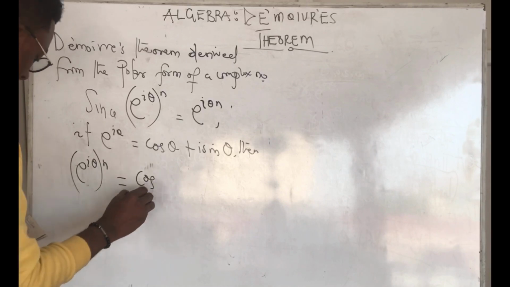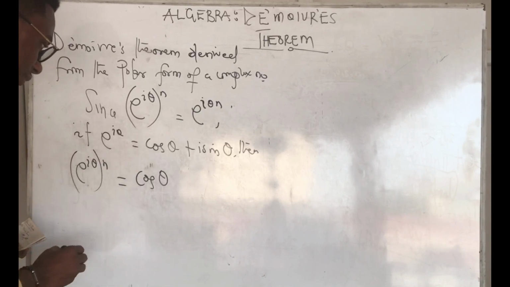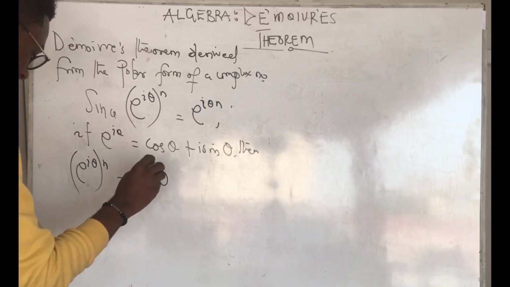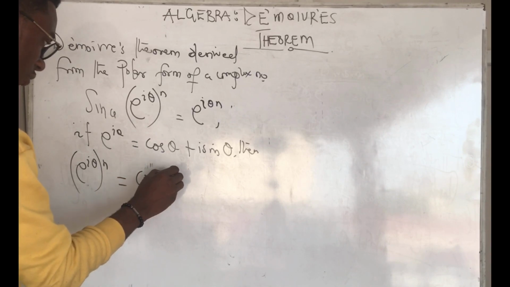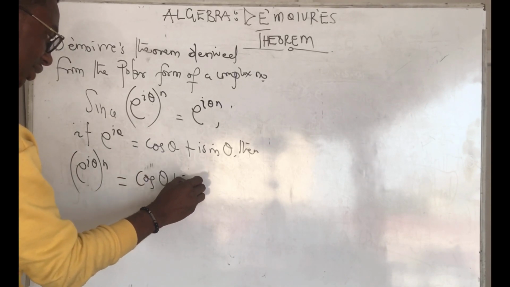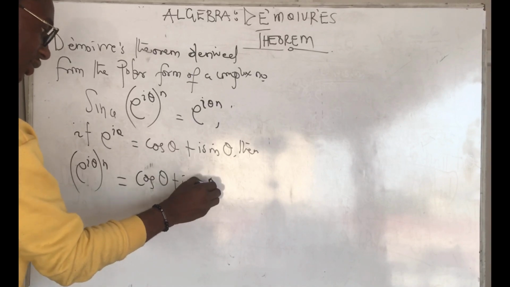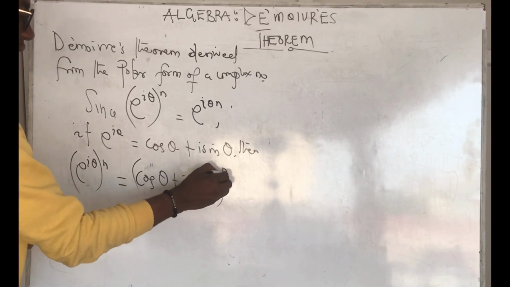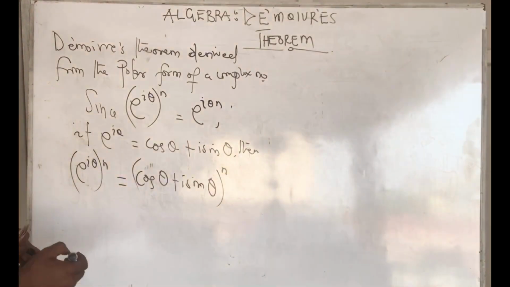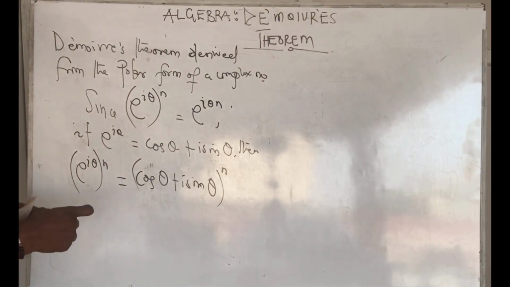cos n theta plus i sine n theta, all exponent n.